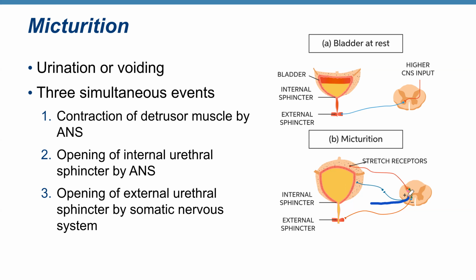It also sends a signal to the internal sphincter, and the internal sphincter opens up, right? So the urine starts leaving, entering the urethra, and at the same time it blocks the somatic neuron that innervates your external sphincter, and the external sphincter relaxes, right? So you can go and urinate.